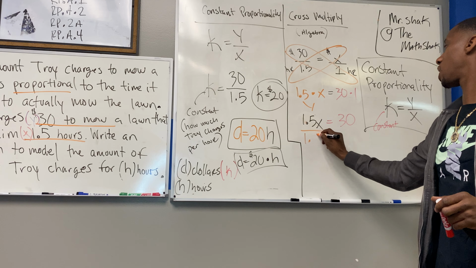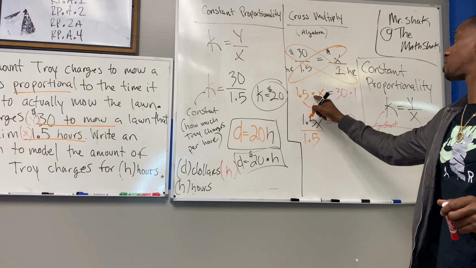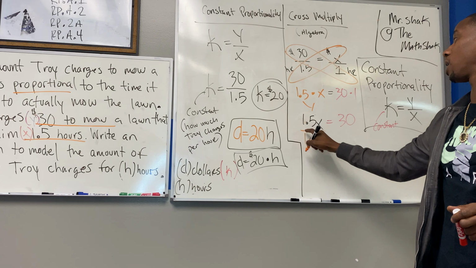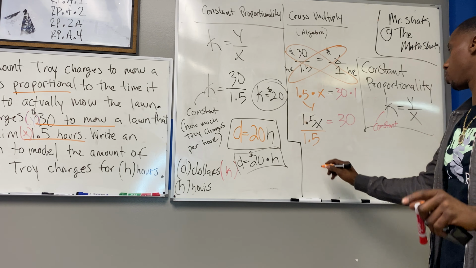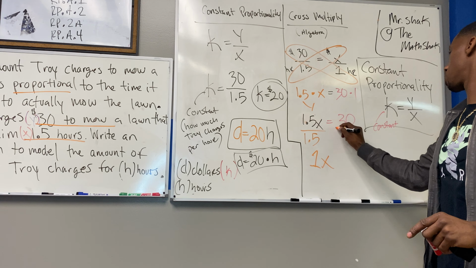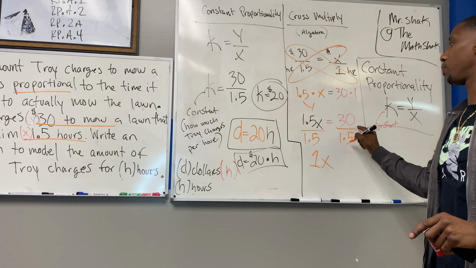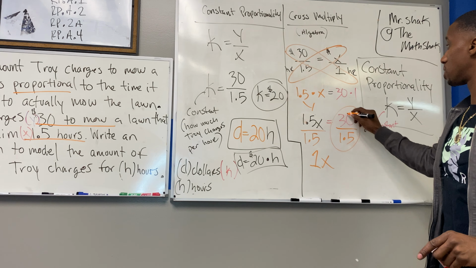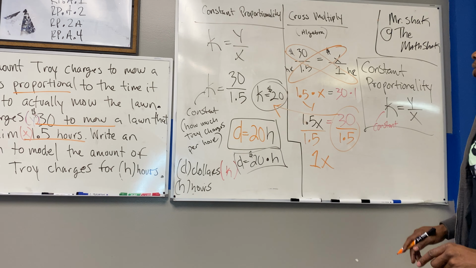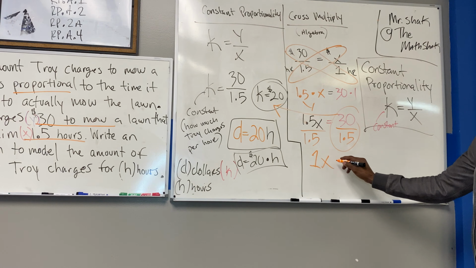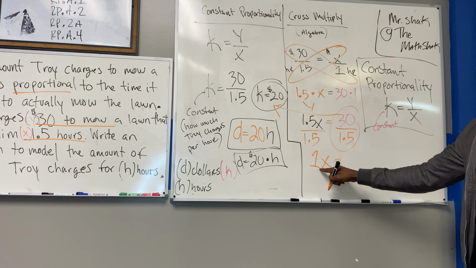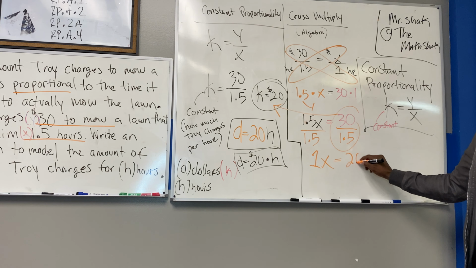I'm going to divide both sides by 1.5 because that's the opposite of multiplication. And I'm dividing it by 1.5 because I want the coefficient to be 1. 1x is equal to 30 divided by 1.5. And if you look, this is the same thing we did over here. So it doesn't matter which way you do it, whichever's comfortable for you. 1x would equal $20.